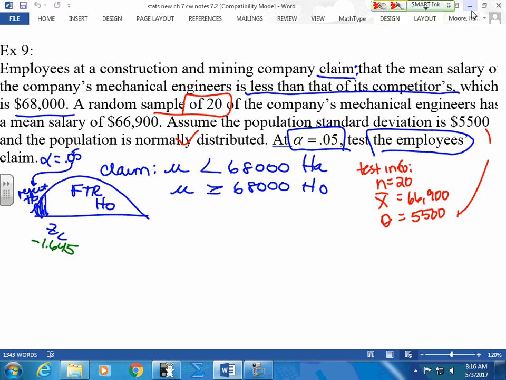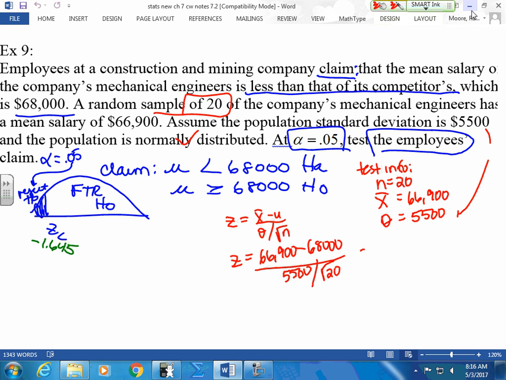So now, I do my z-score. And I say, x minus the mean. It's a sample, so I've got to do this piece to it. I take my x bar minus my population mean, which is my claim, and we divide by your standard deviation. You can still do this in the calc. I'll do it in the calc for you in a minute.